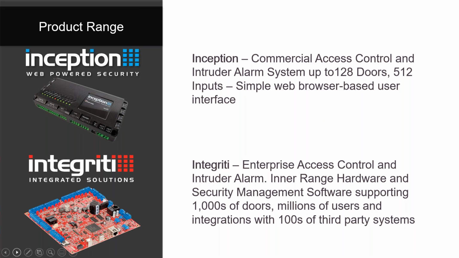But when it comes to a very integrated solution, Integrity could be your platform. Integrity is an enterprise system from InnoRange that can manage thousands of doors and up to a million users, and integrate with hundreds of third-party applications. Just to give you an idea, Inception and Integrity are both fully integrated into the Milestone platform.